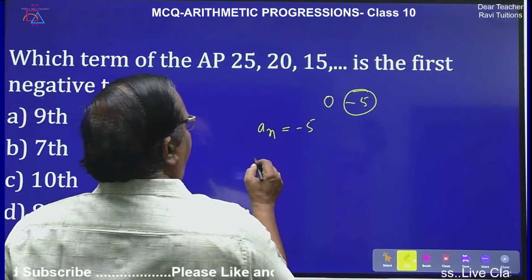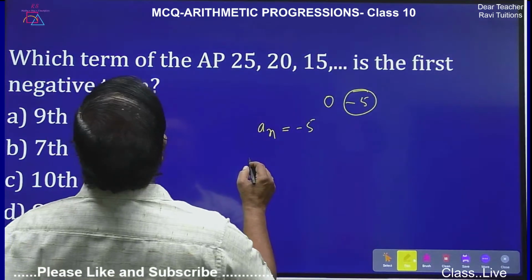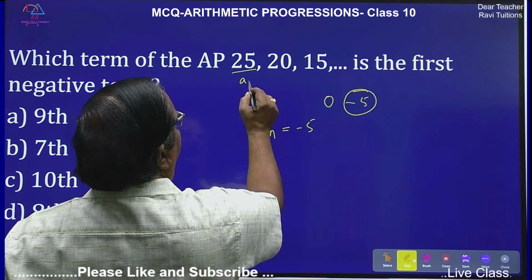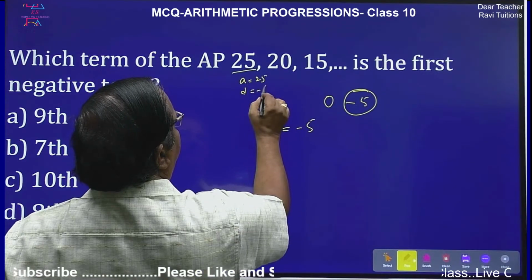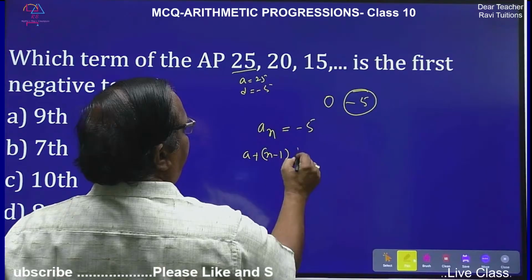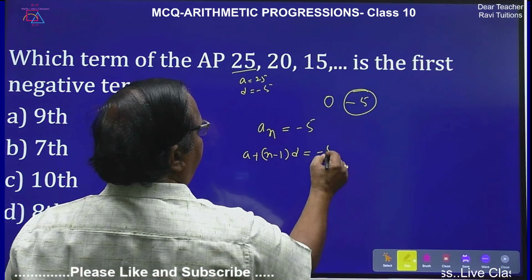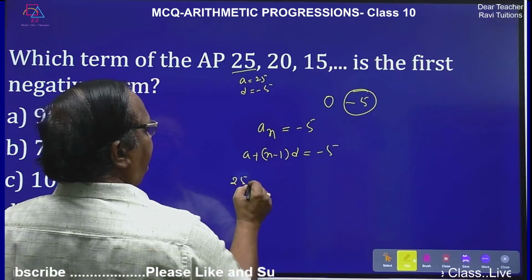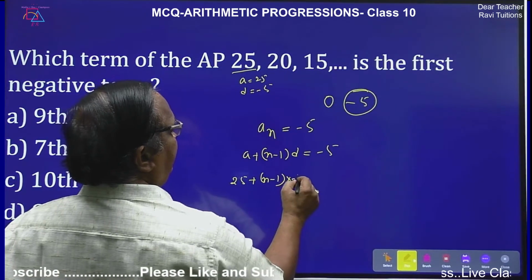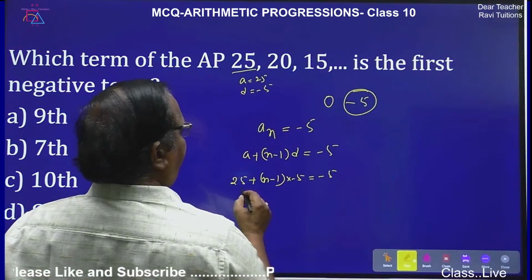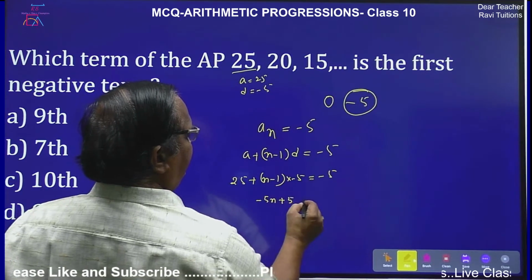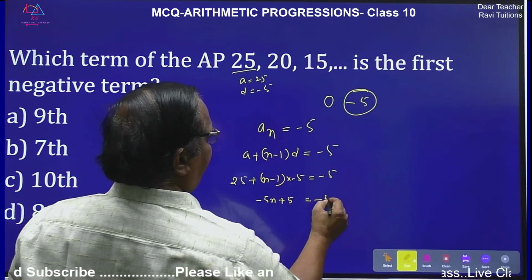Then an, put the values. So a is equal to 25 and d is equal to minus 5. So a plus (n minus 1) into d is equal to minus 5. A is 25, (n minus 1) into d is minus 5. So 25 take that side, minus 5n plus 5 is equal to minus 5 minus 25.